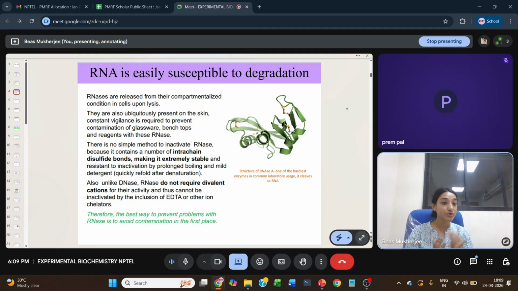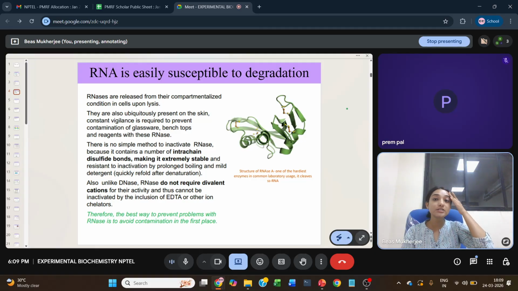The interesting part is that they are very strong proteins. Even when you autoclave them once, that means you heat them at 112 degrees centigrade for around 1 hour, they can still undergo renaturation, and once again form a functional protein that will come and cleave RNA.